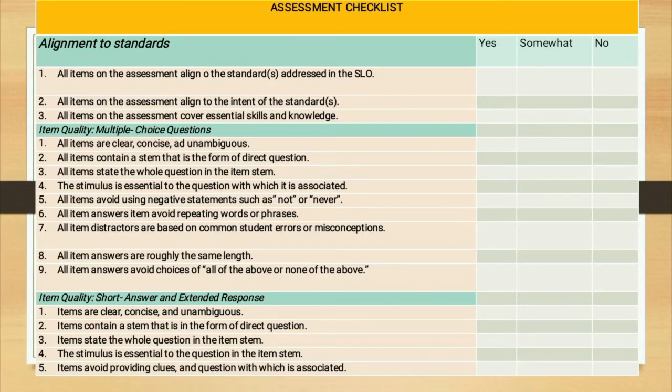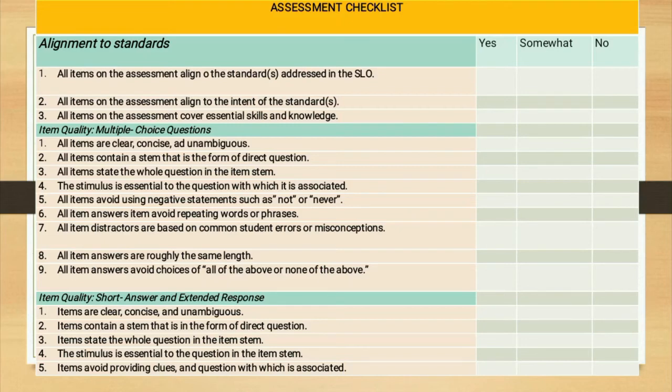All items contain a stem that is in the form of a direct question. Then all items state the whole question in the item stem. The stimulus is essential to the question with which it is associated. All items avoid using negative statements such as not or never.